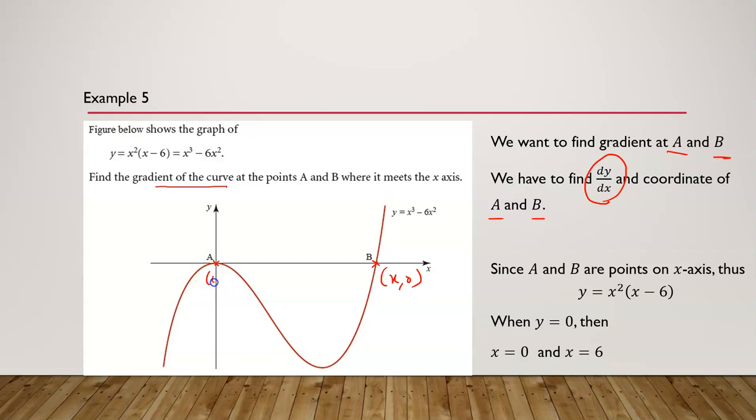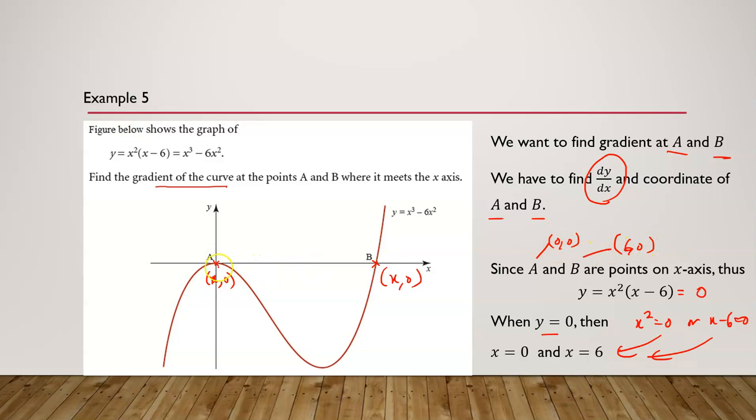Let's say you are not so sure, we put x as 0. So when y equals 0, then you will solve this. So x squared equals 0 or x minus 6 equals 0. So you will get this answer, x equals 0 and x equals 6. So your A is (0, 0) and your B is (6, 0).